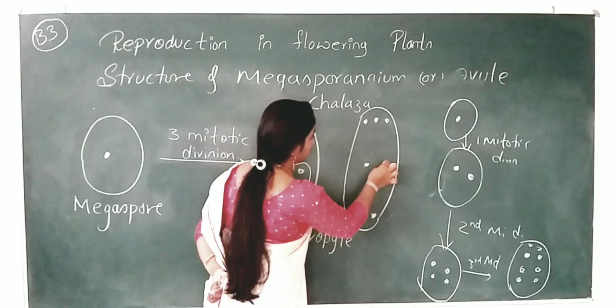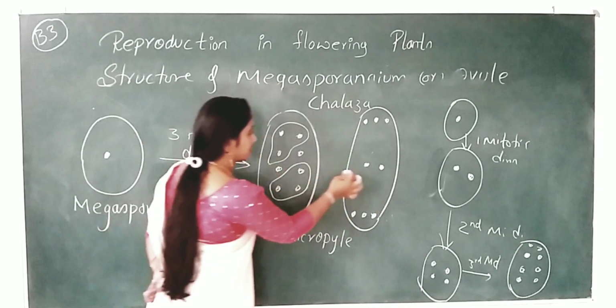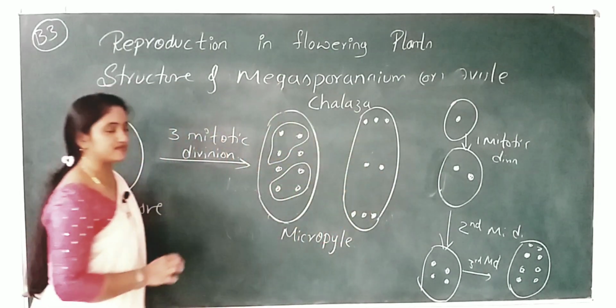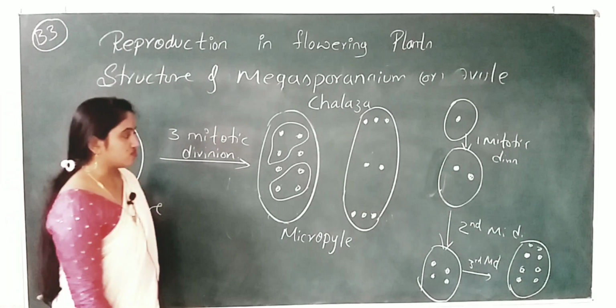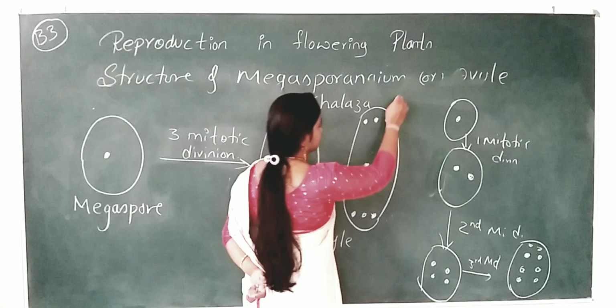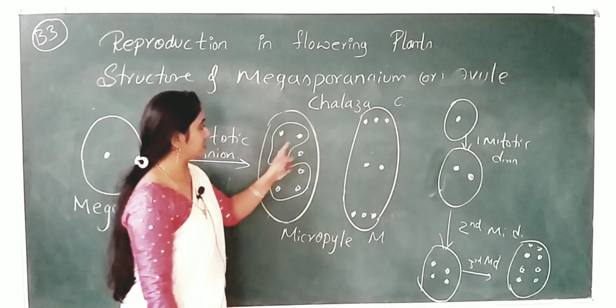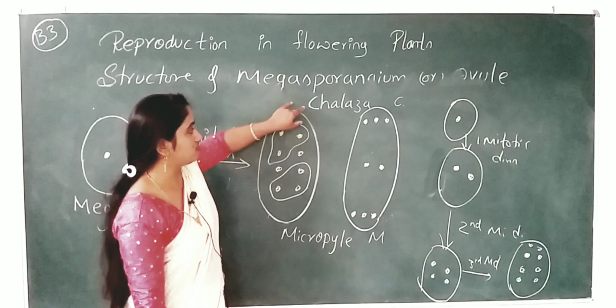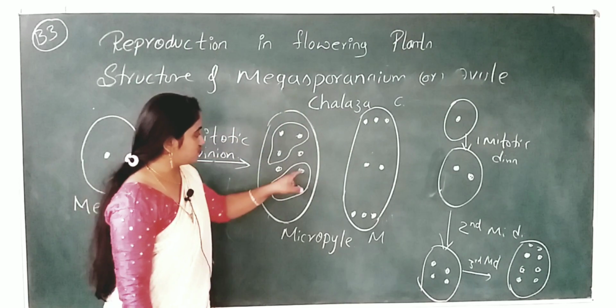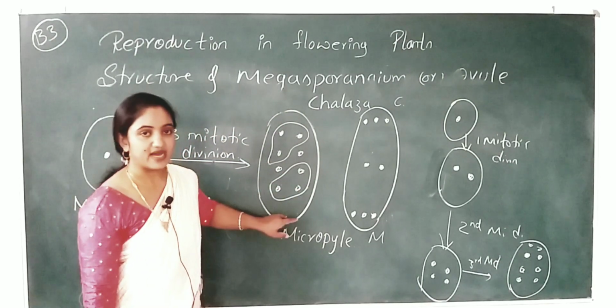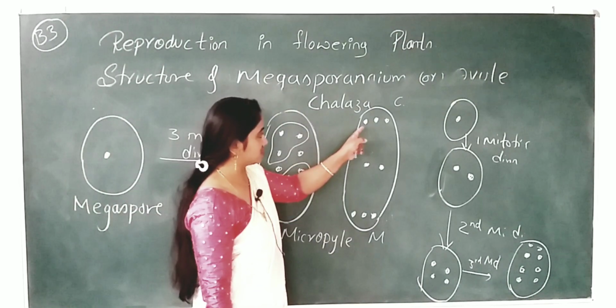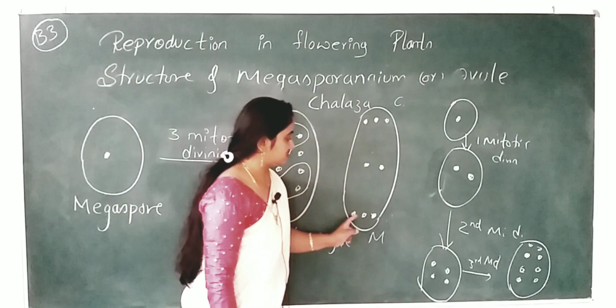And 2 more remain there in the same place. So, are you following me? This is the chalazal end, micropylar end. The 3 nuclei travel to the chalazal end, 3 nuclei travel to the micropylar end. The structure will be like this.